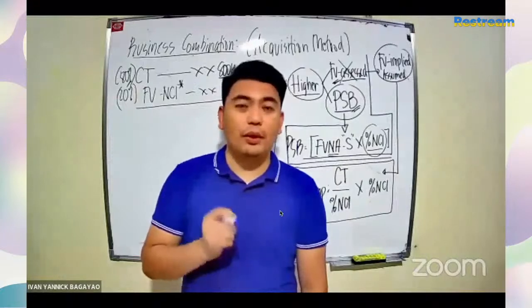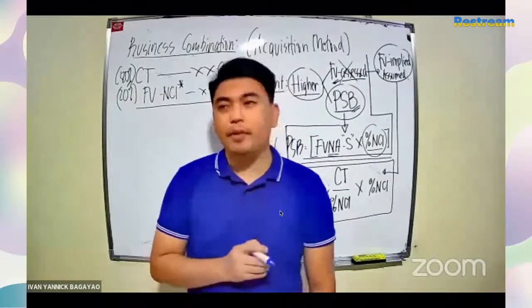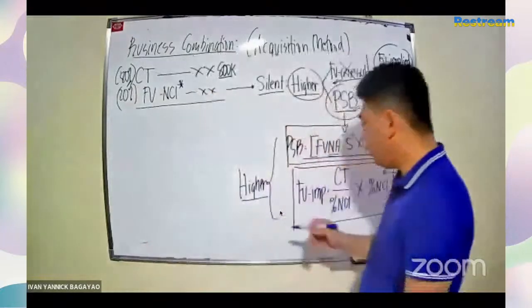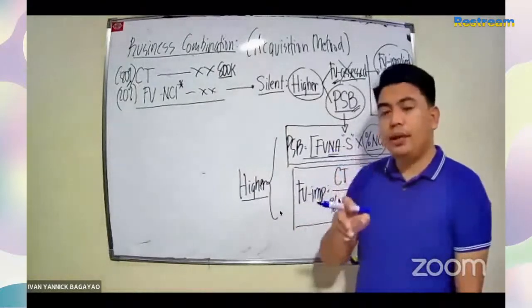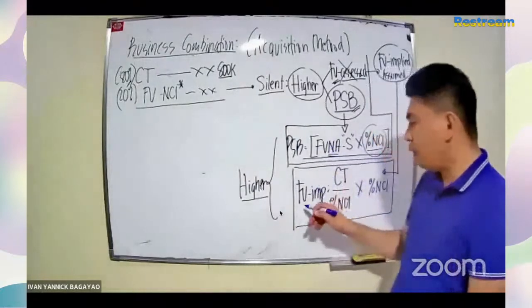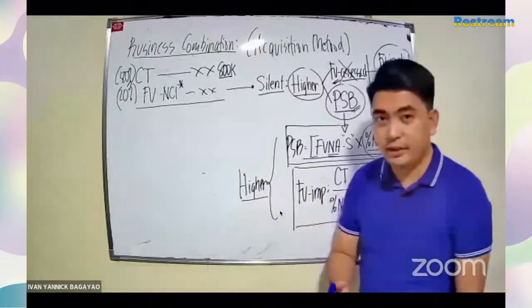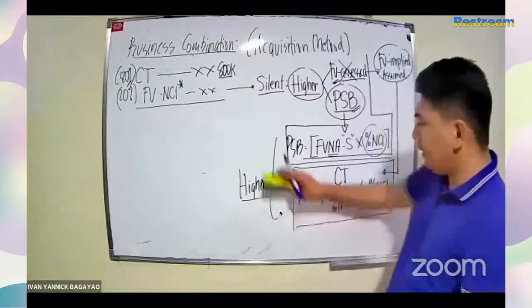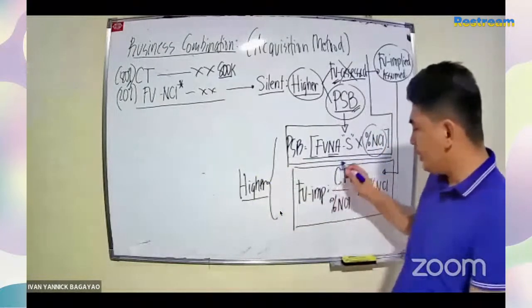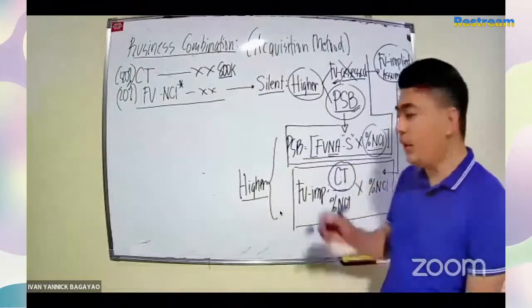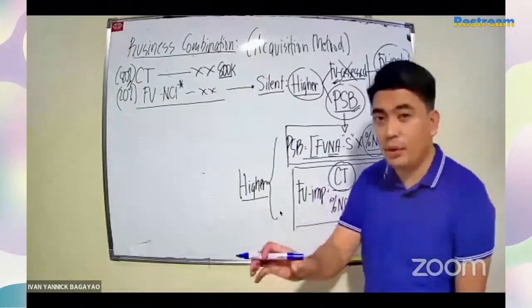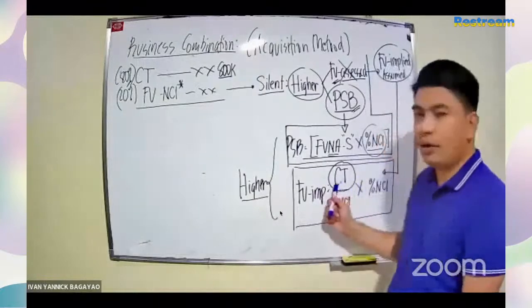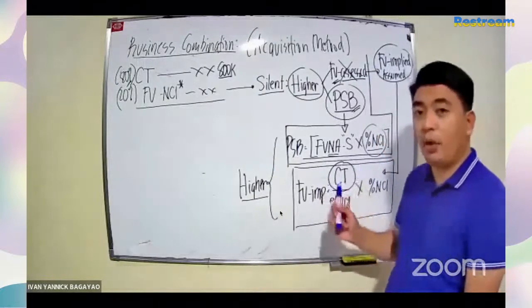Yung control premium. Ngayon, with regard to control premium, sa pag-compute ng implied fair value, the control premium is excluded. Okay? So, ibig sabihin, class, sa consideration transferred, kung included dito ang control premium, tanggalin mo.